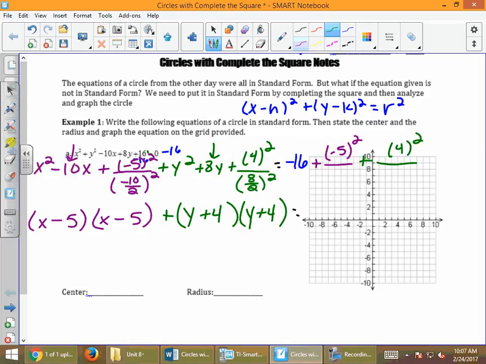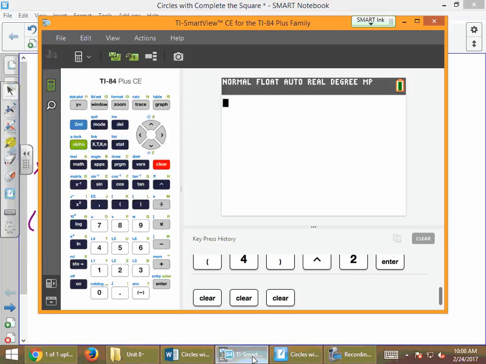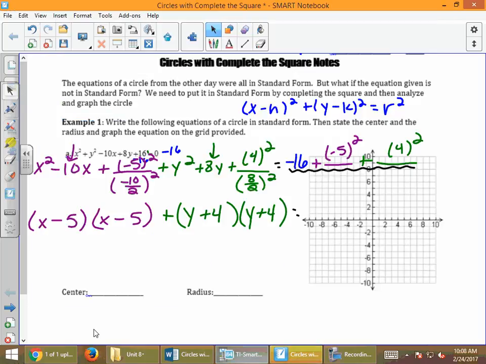And then your almost last step is to plug that into your calculator exactly how it's written. Okay? So in your graphing calculator, everybody's calculator, try this out so you know how to use it. If you borrow ours, get one.